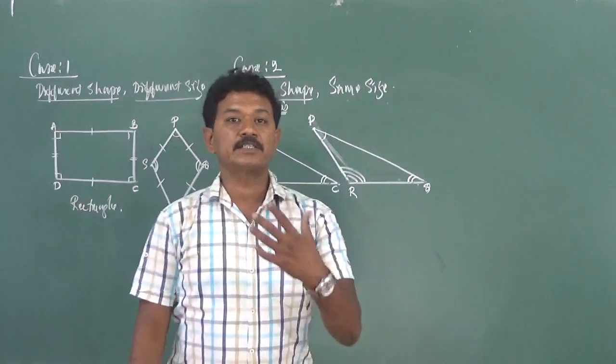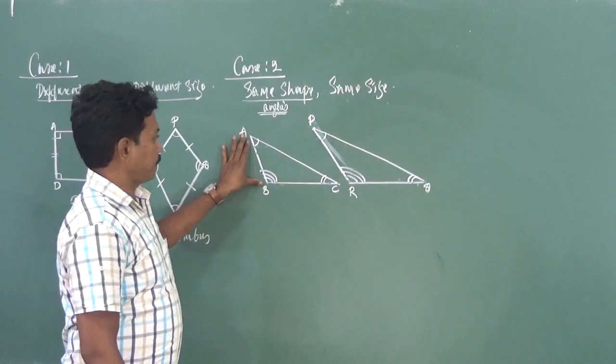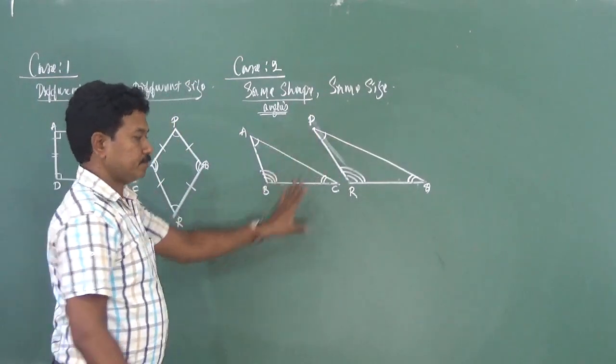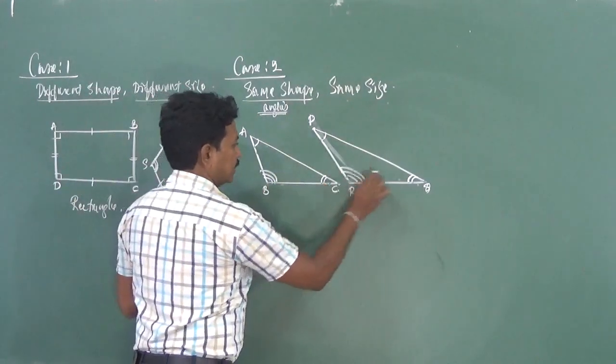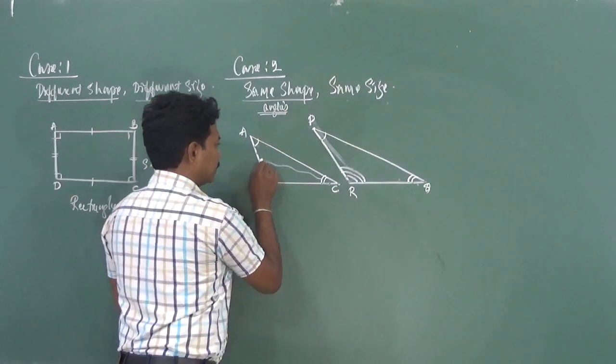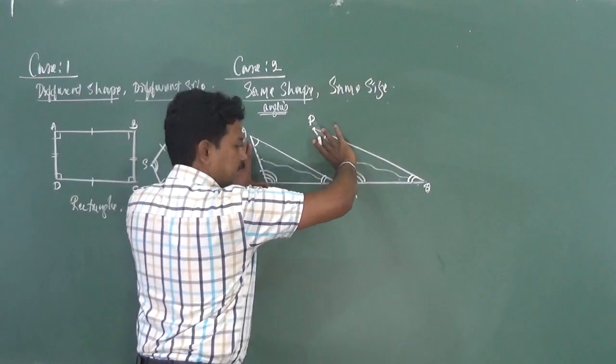To get the same size, AB and PR are corresponding sides, because this angle is equal to this angle. Therefore, the side opposite to this and the side opposite to this are corresponding sides.